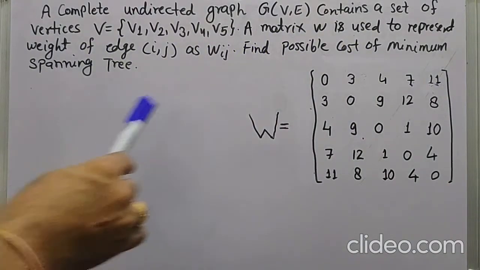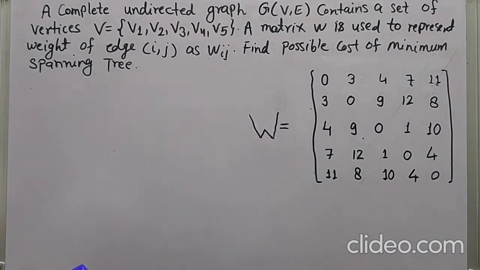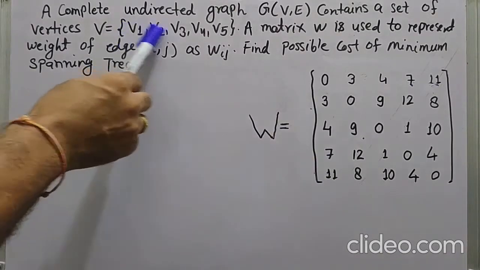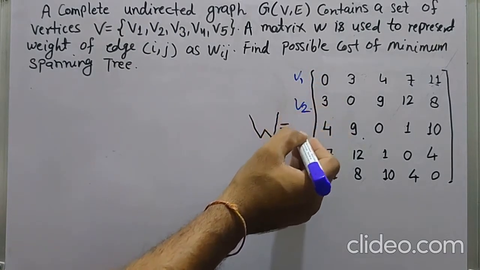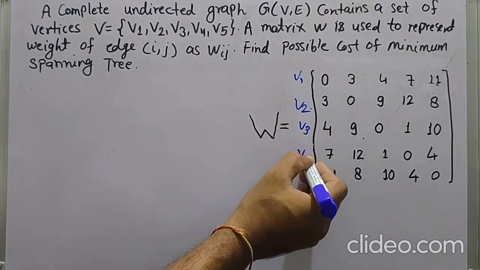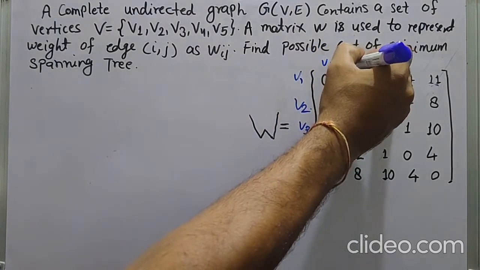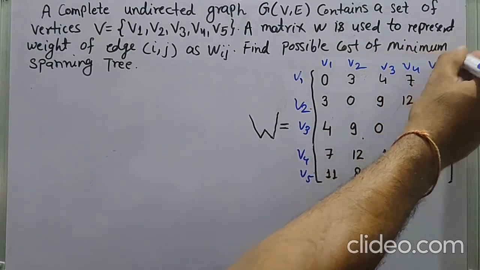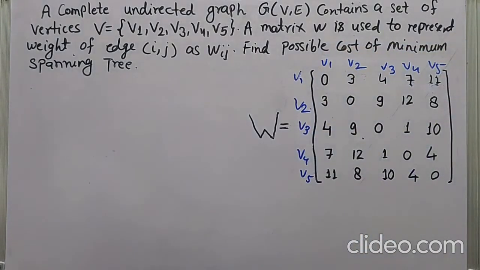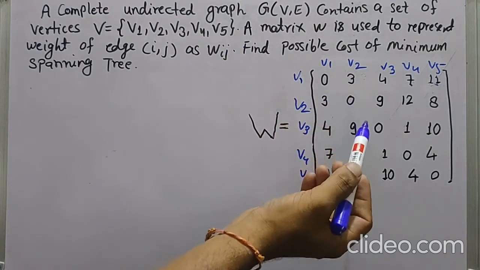So first draw the graph with the help of this adjacency matrix. You can check how many vertices there are: 5 vertices, so you can write V1, V2, V3, V4, V5, similarly V1, V2, V3, V4, V5. Now Wij means a particular cell in this matrix.